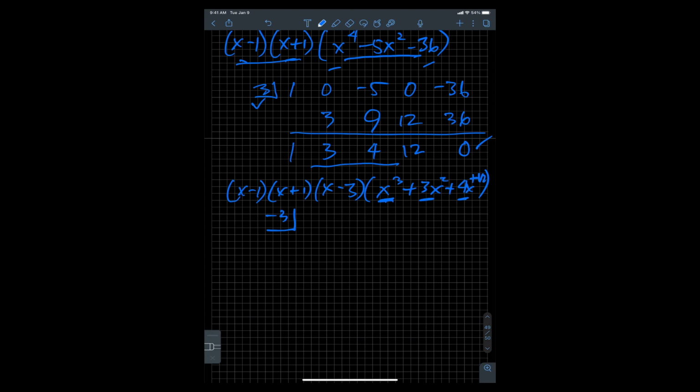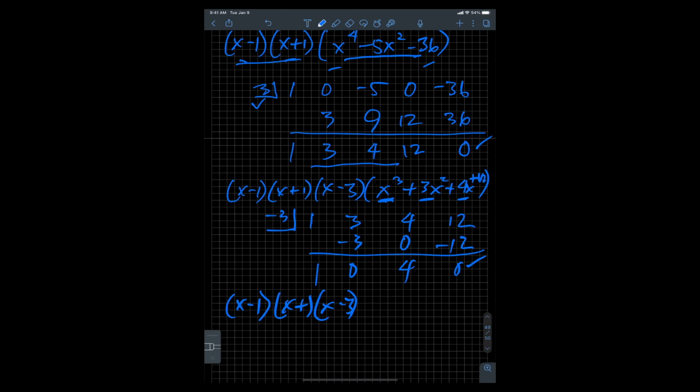So those will cancel out, or equal 0 as well. So 1, 3, 4, 12. Bring the 1 down, -3, 0, 0. Bring the 4 down, I get -12. That's 0. Boom.